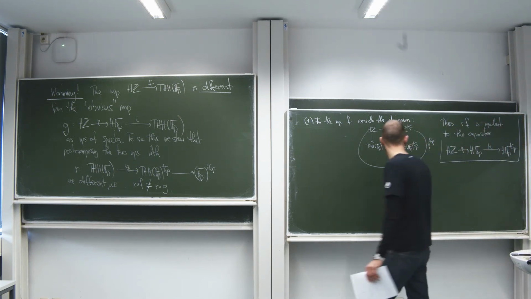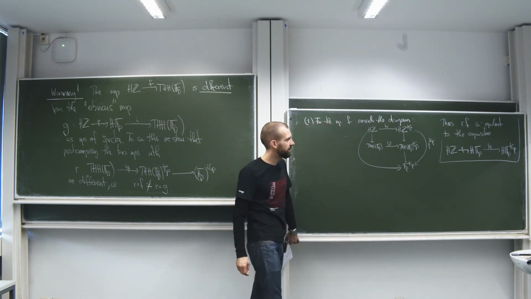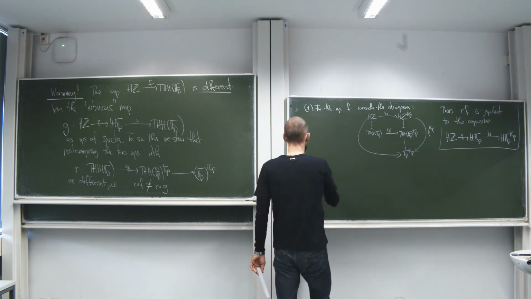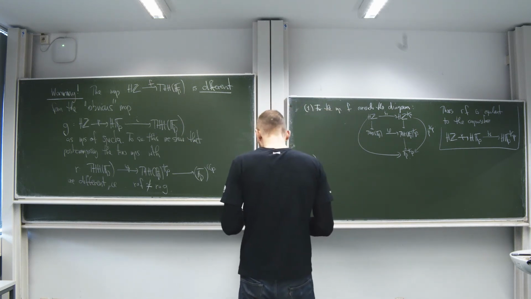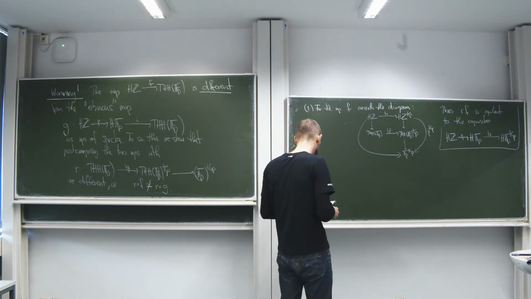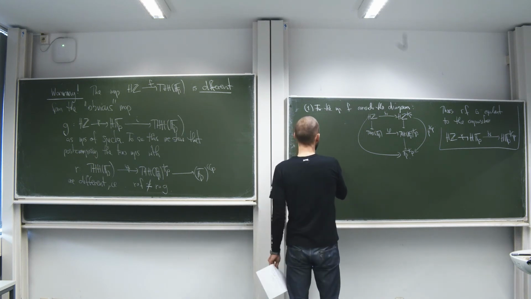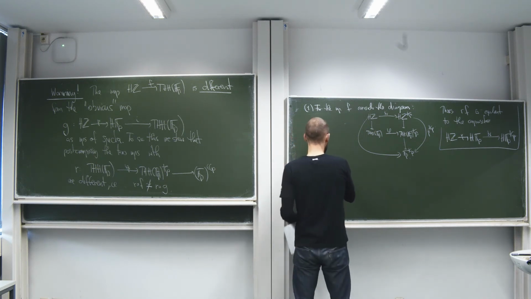Okay, so that was how we can identify RF here, and now we want to identify RG. So consider the following diagram.